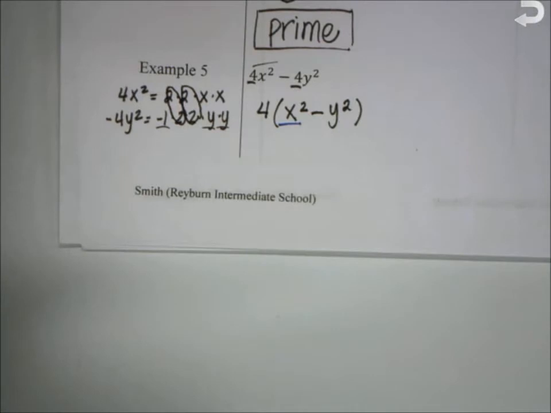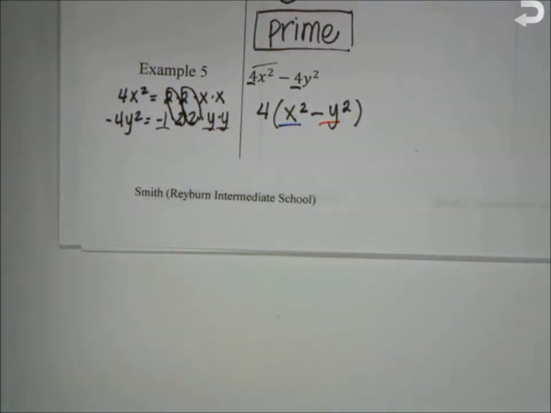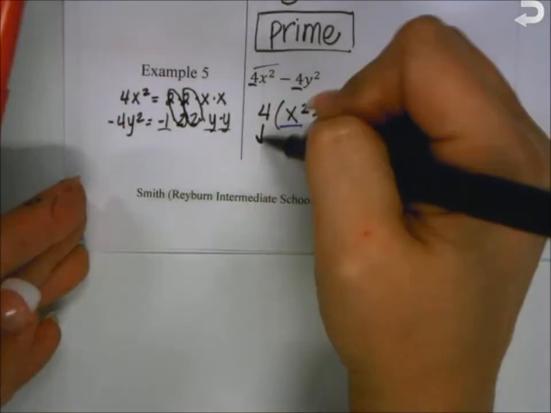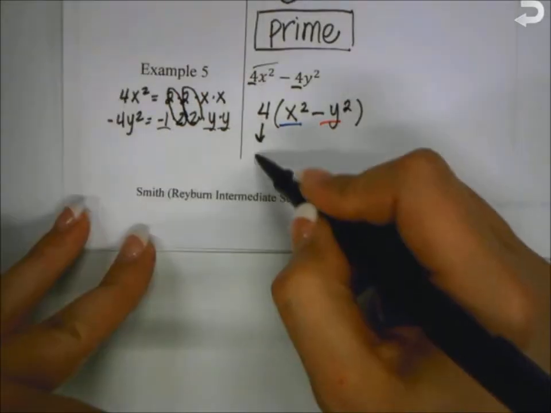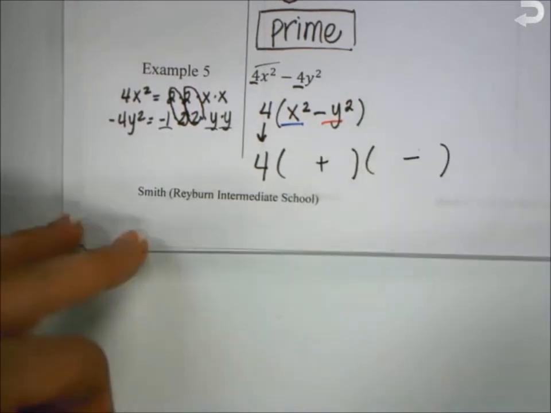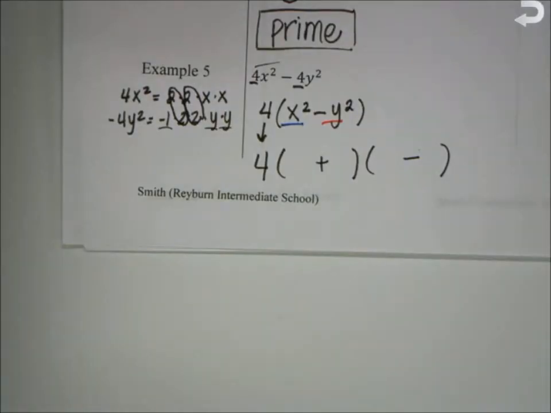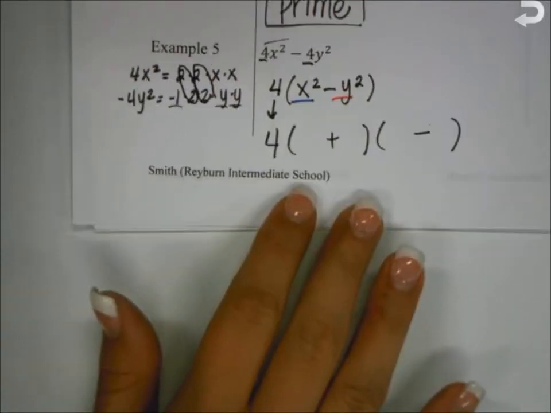So 4 is on the outside, and then I set up my parentheses. 1 is plus, 1 is minus. So it's the same thing. This time we just had to pull out a GCF first. So what goes in the first spot here? X and X. And what goes in the second spot? Good. Y and Y. So that would be my answer.